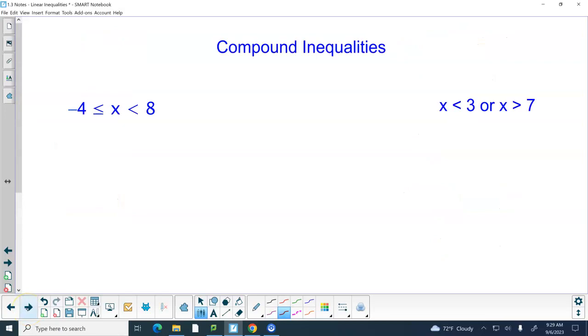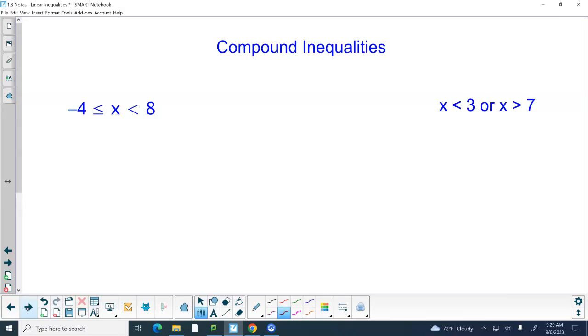Compound inequalities. The only thing different with a compound inequality is now you've got more than one inequality. So you have it in two different forms. Your first form is where it's all scrunched into one inequality.